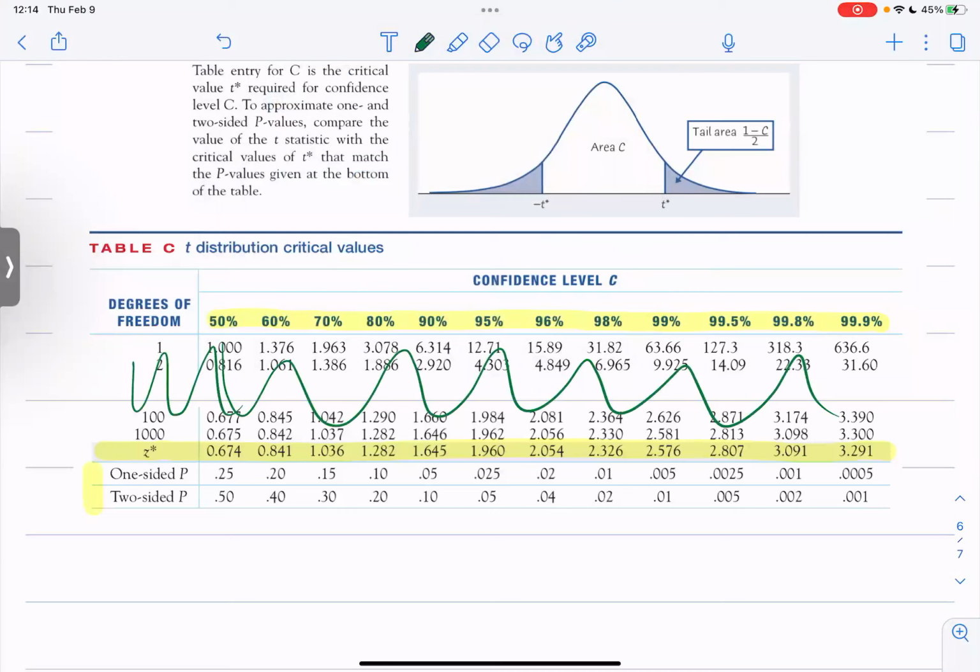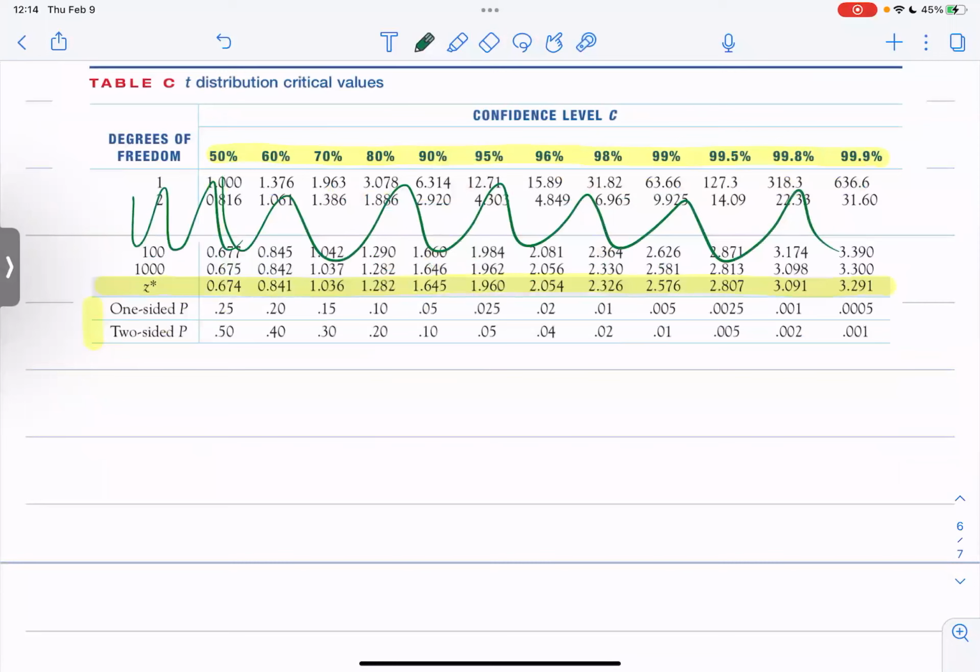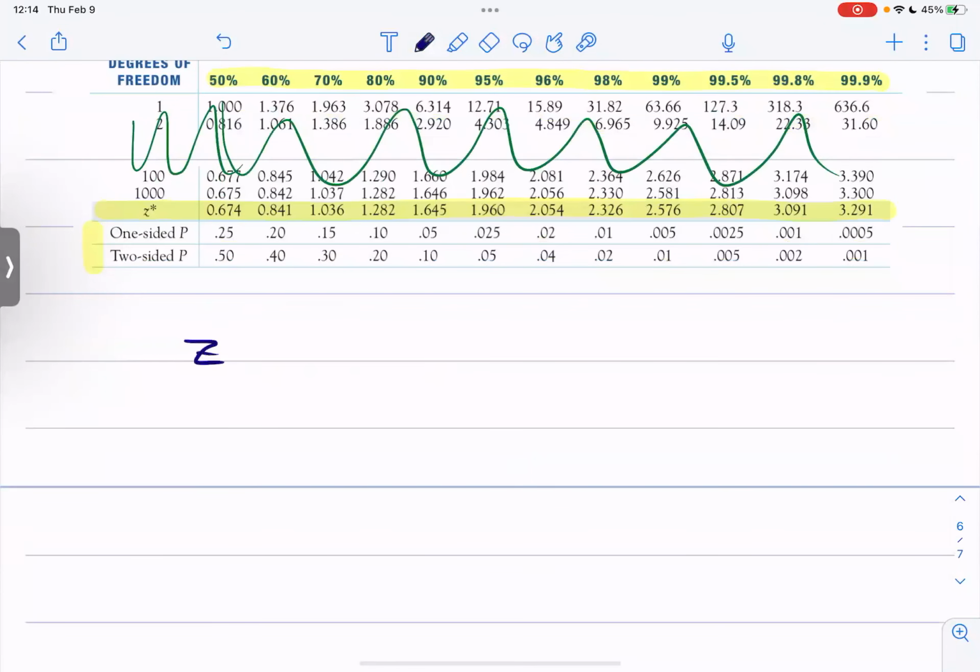Okay. So one thing that you're going to notice is that these are just Z scores. And one thing that we're leveraging is that Z is symmetric around 0. Z follows a normal distribution with a mean of 0 and a standard deviation of 1.